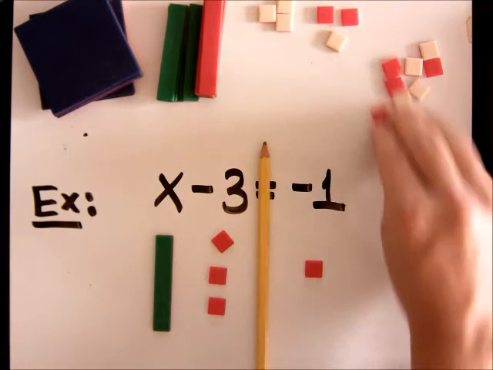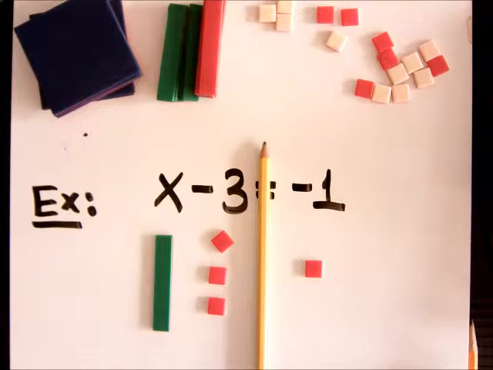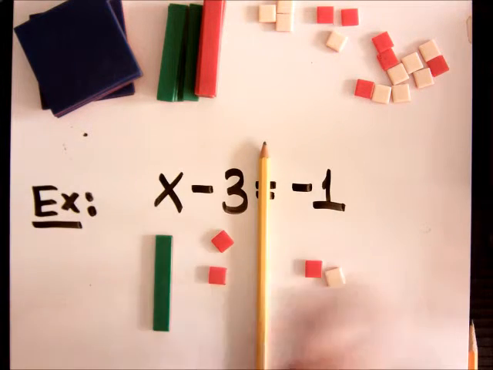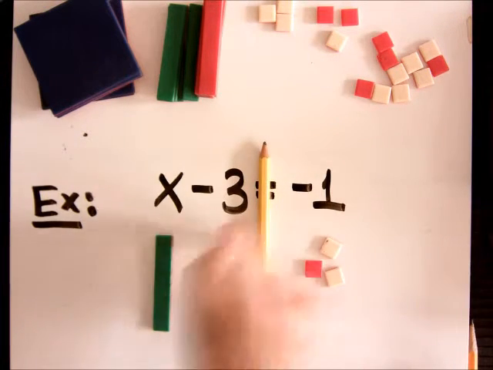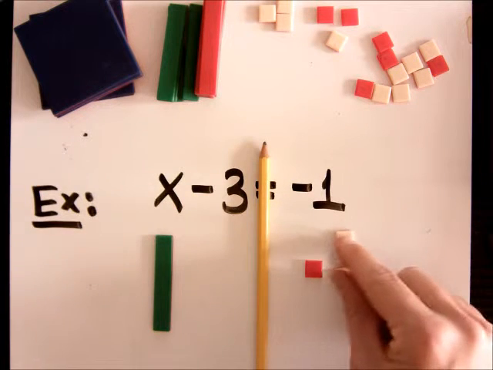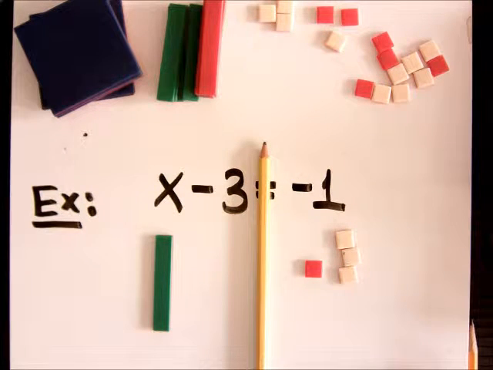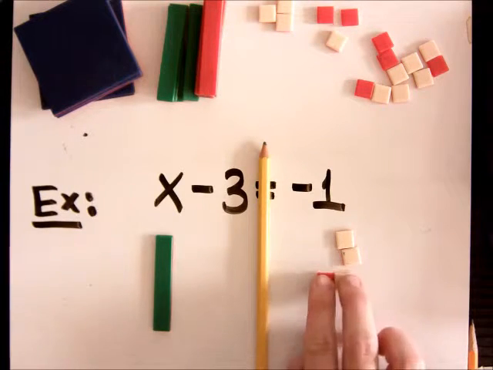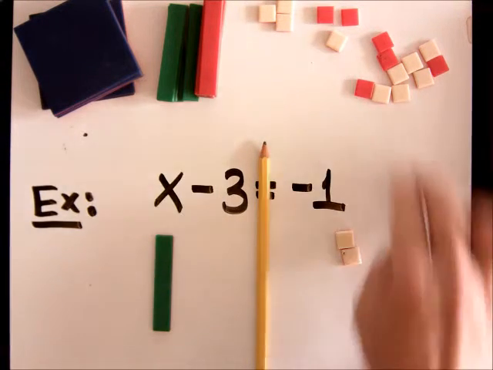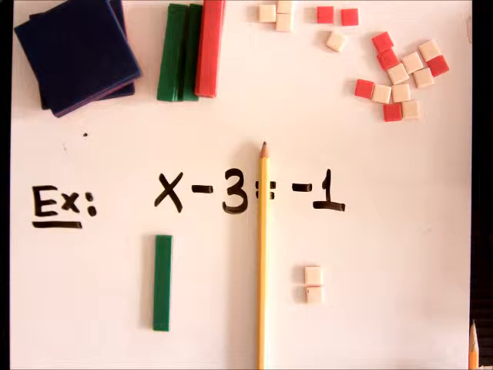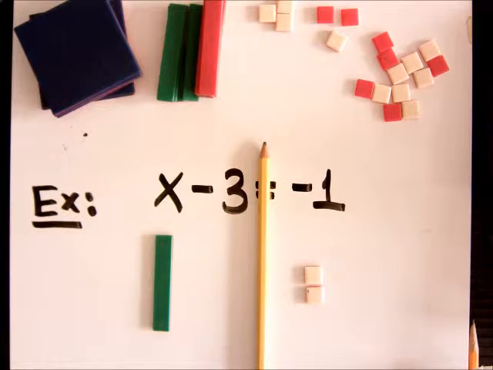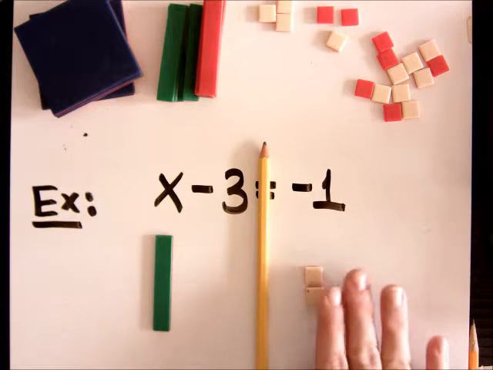Okay. All right. Ms. Robson, what are we going to do with these guys over here? We're going to flip them to positive and put them over on the other side. And when we're flipping them to positive, that really means we're adding how many to the right-hand side? 3. Okay. Now these two we're going to match up right there. Take them away. X equals what? Positive 2. Now ask yourself, again, does 2 minus 3 equal negative 1? Yeah, so we're doing really well.